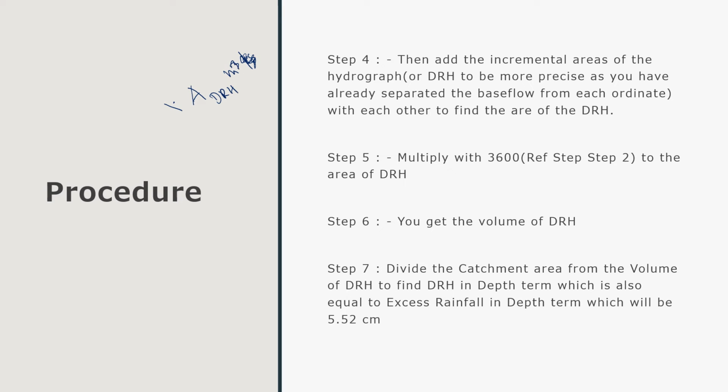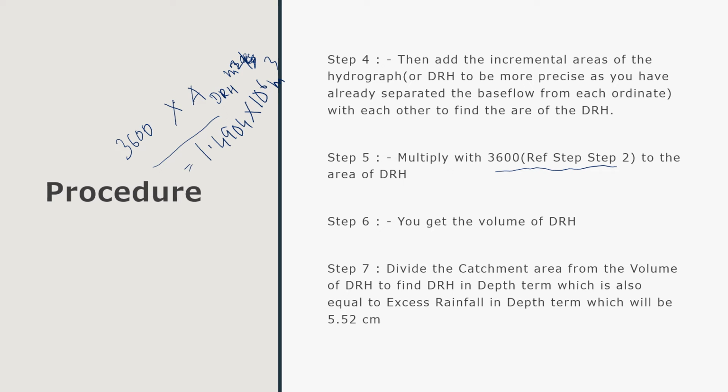So you multiply that 3600 that you have done at step 2, and you will get this value in meter cube, and this value will be 1.4904 into 10 to the power 6 meter cube. This will be your total direct runoff due to the storm.